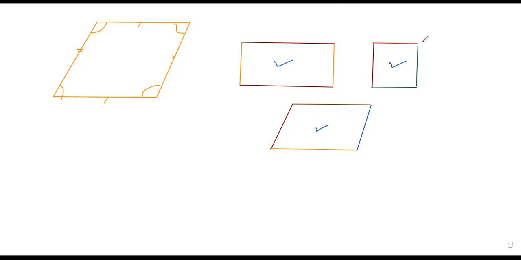The very first thing you need to remember whenever we are given a parallelogram is that the opposite sides will be parallel. First of all, we have to remember that one.